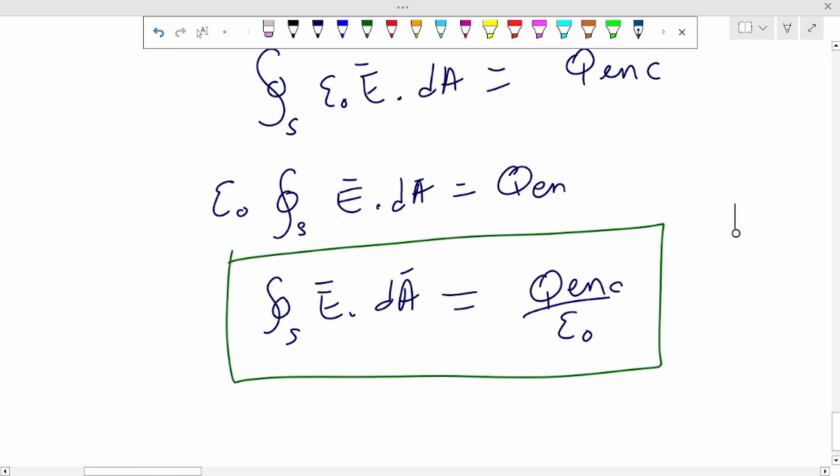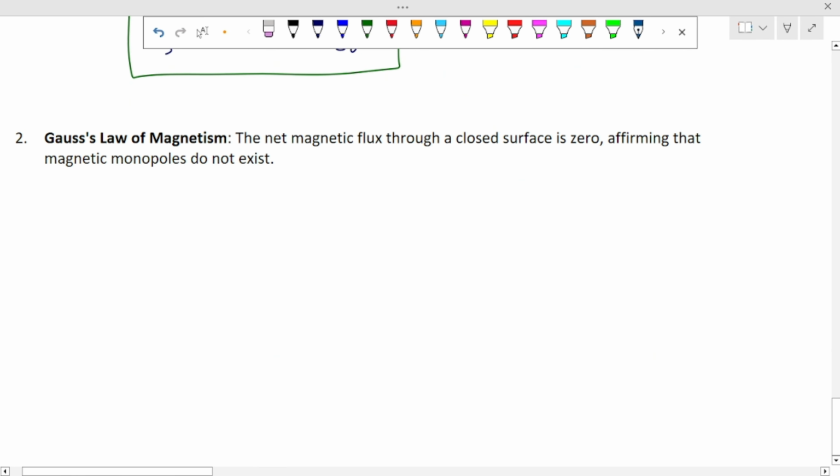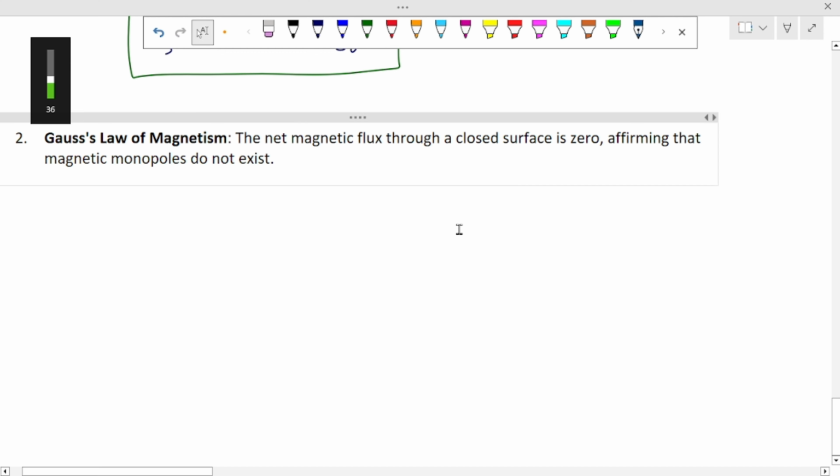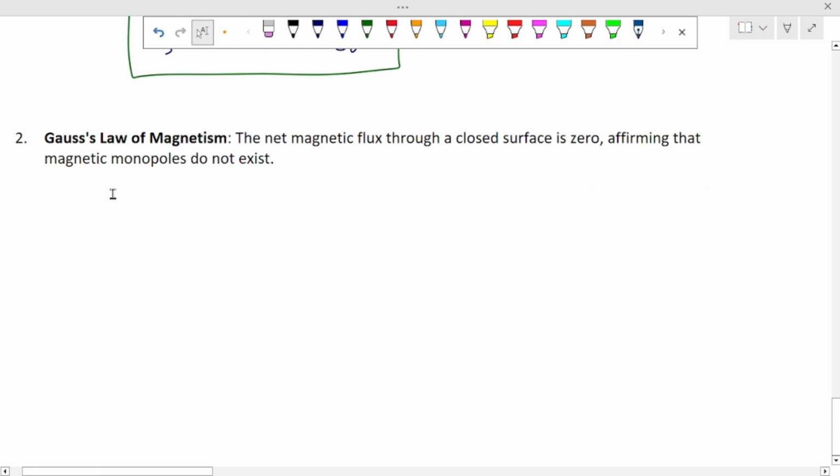Now we'll go to the next one. This is Gauss's law of magnetism. The net magnetic flux through a closed surface is zero, affirming that magnetic monopoles do not exist.